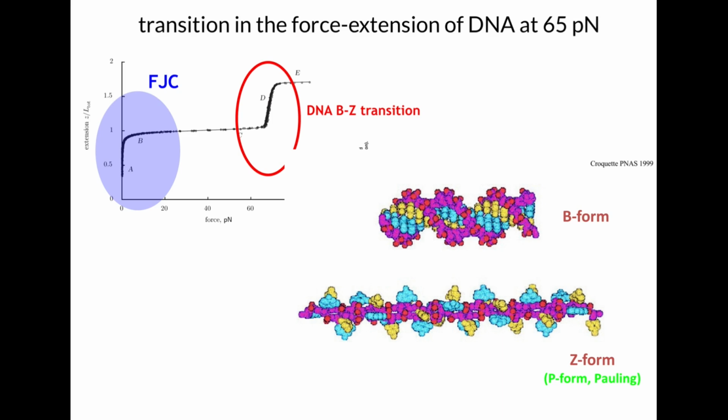And at 65 piconewtons, we pull so hard that we break all the interactions between the nucleotides, and the nucleotides will flip to the outside with the backbone in the middle and the nucleotides or the bases pointing outward. That is the so-called Z form, which had been proposed by Pauling before it was known that the DNA had the B form.